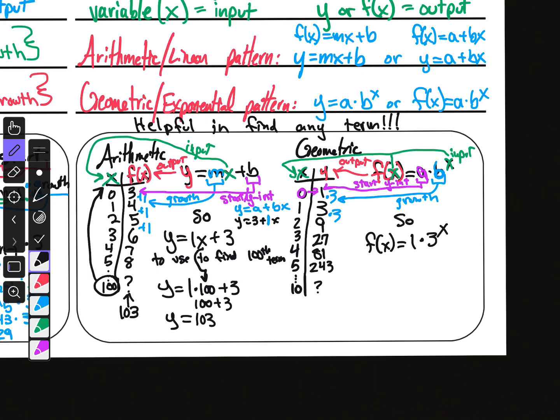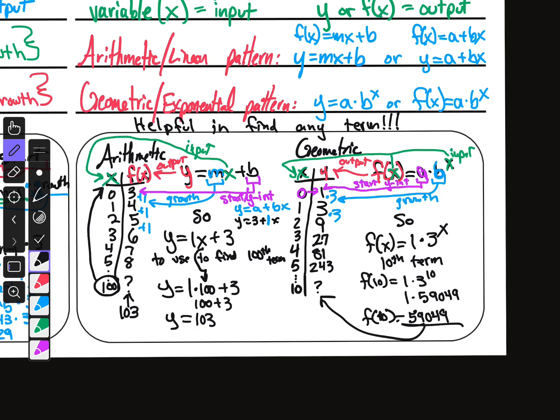Now, let's say we wanted to use this to find the 10th term. I'd do the 100th term, but it's way too crazy big a number. So the 10th term, I'd say, all right, I'm looking for that 10th term. My input is 10. What's my output going to be? So 3 to the 10th is actually 59,049 times 1 would be 59,049, which is equal to our output with an input of 10.